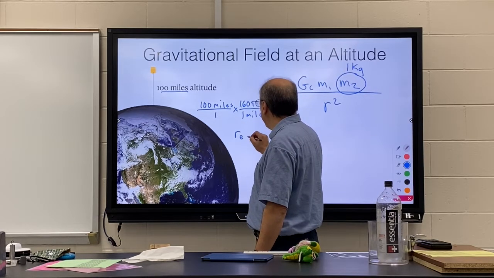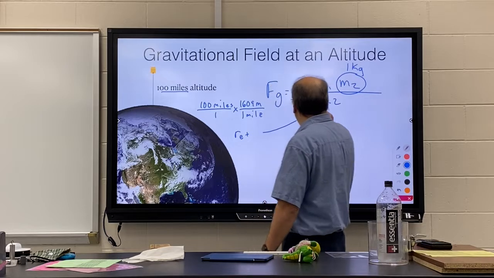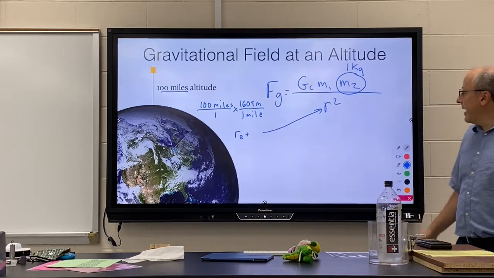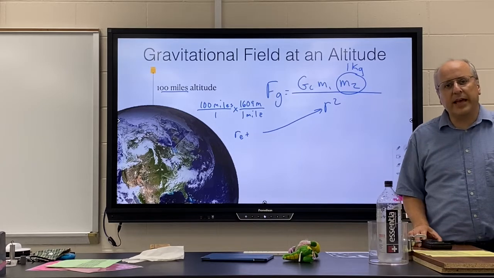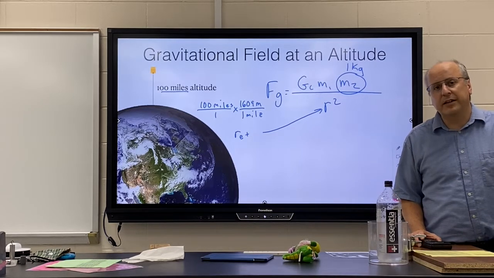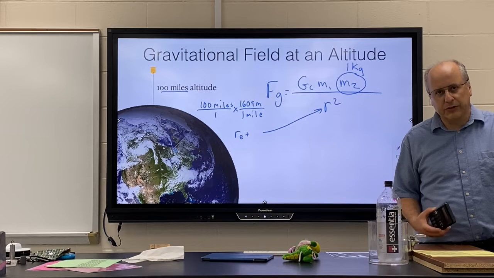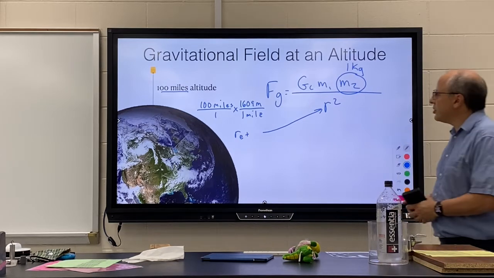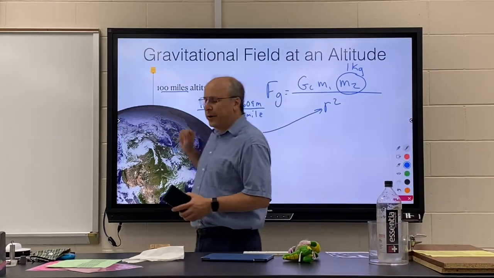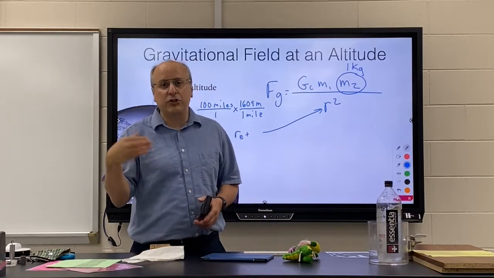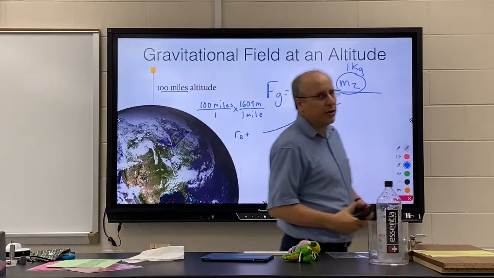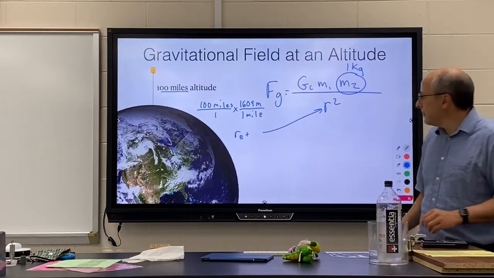When you add them together, you then put that in here. Again, use 1 as the mass, and that way you'll get, instead of a force gravity, the gravitational field strength. At the surface of the Earth, it should be 9.8. As you go higher and higher, that value should get weaker and weaker. All right?